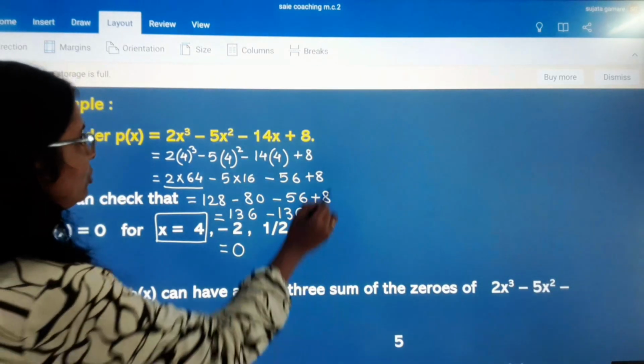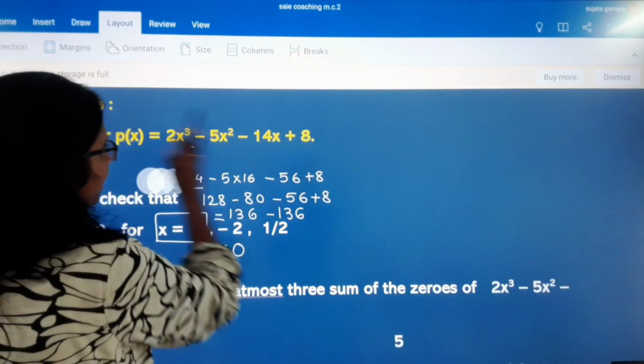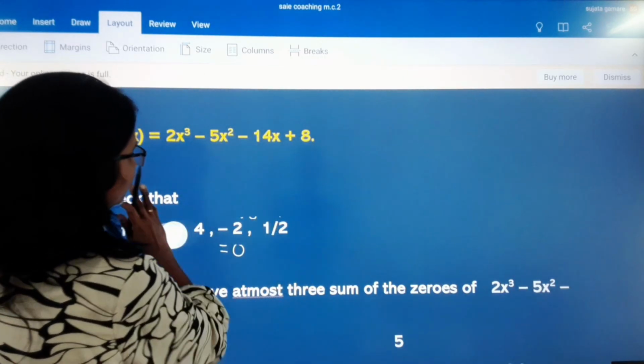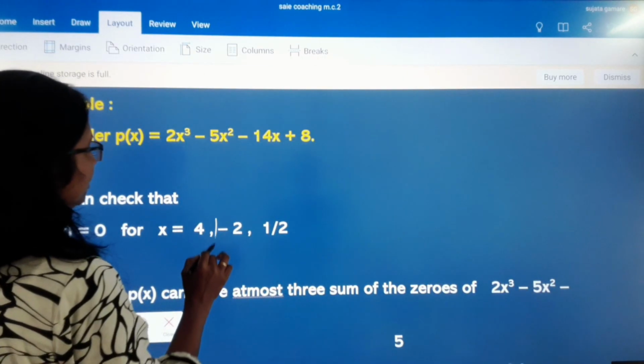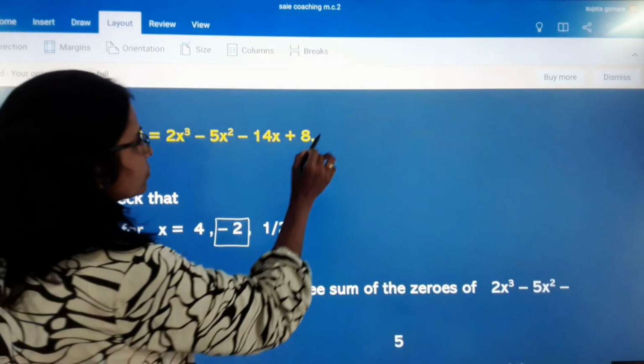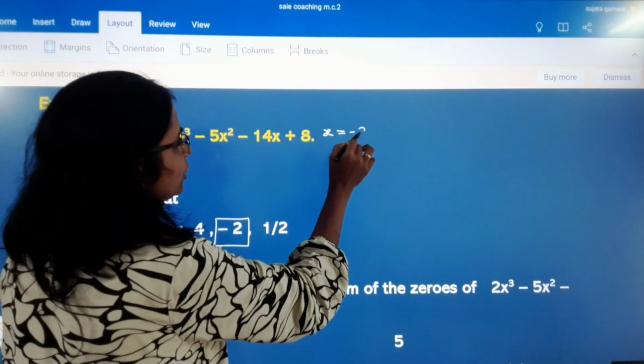Now for the second value, we take x equal to minus 2.